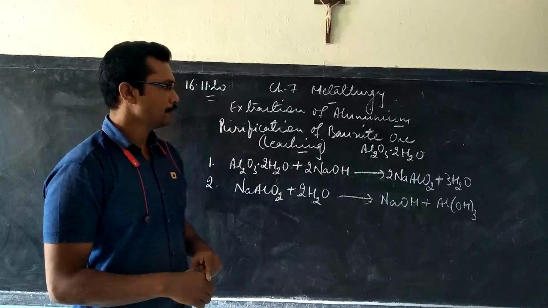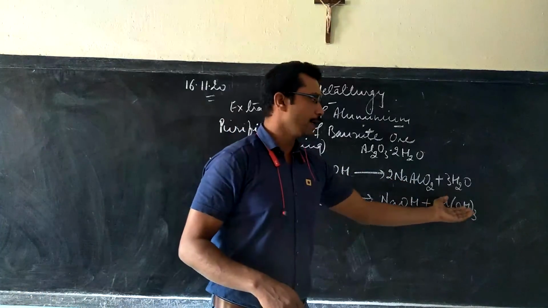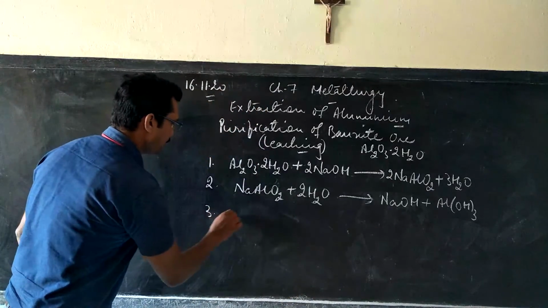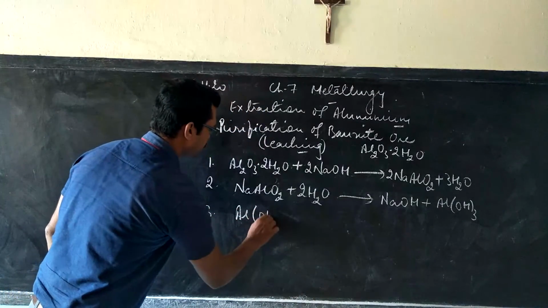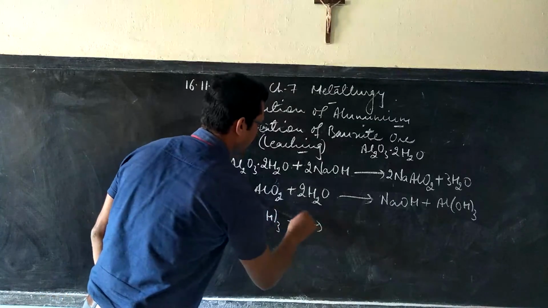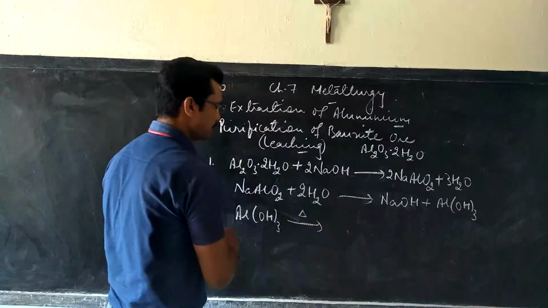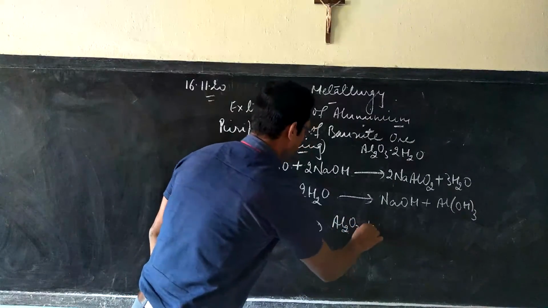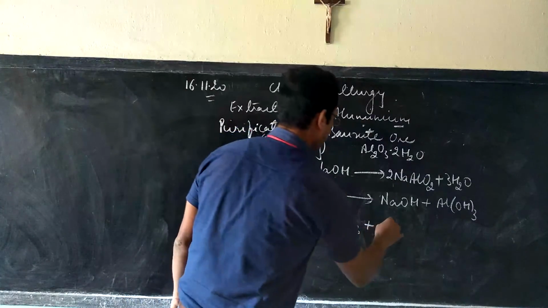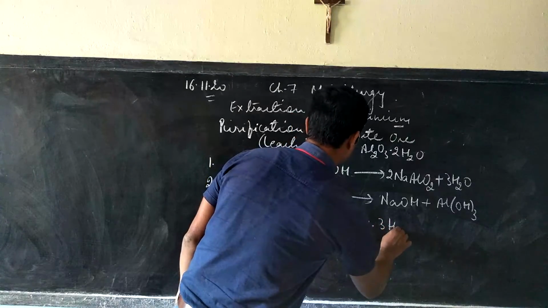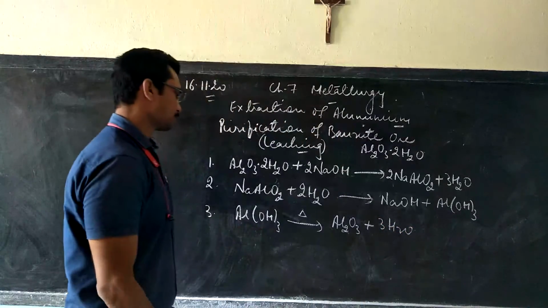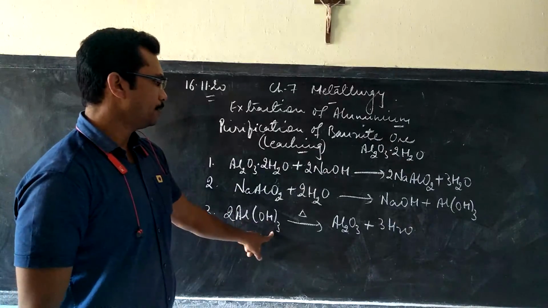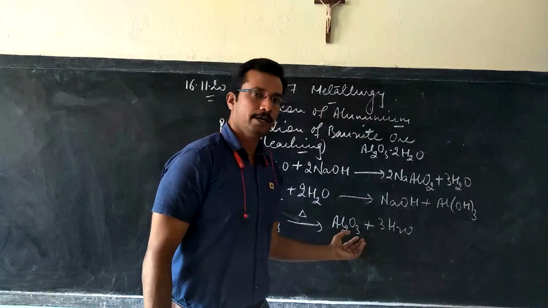And you can see we have obtained aluminium hydroxide. The third step is to strongly heat this aluminium hydroxide to around 1000 degrees Celsius, where we obtain alumina plus H2O. So you can see here we have got alumina.